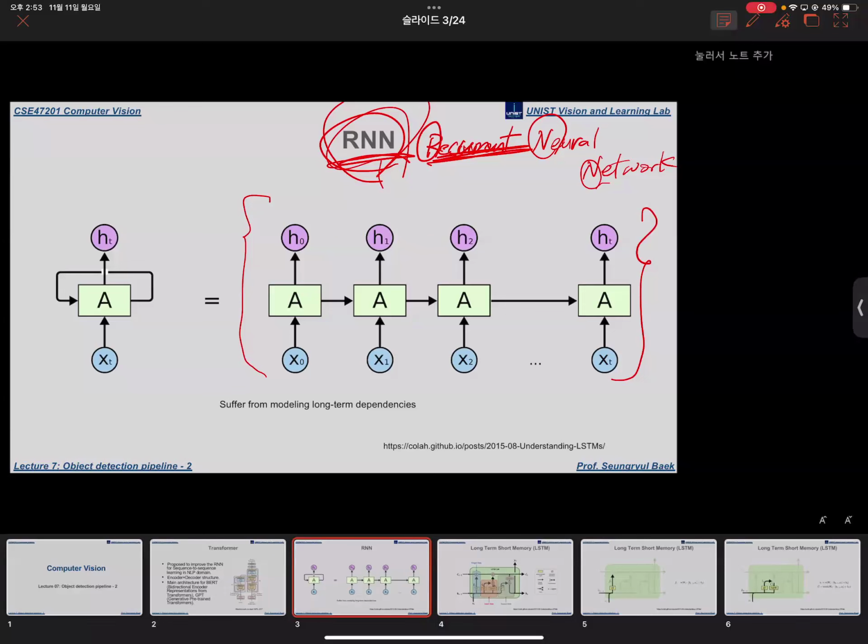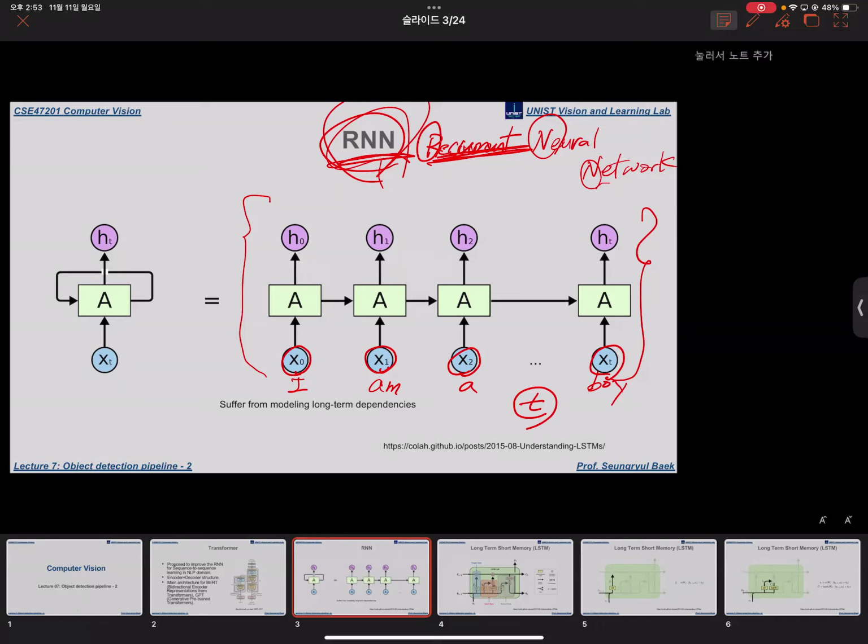Okay, so this is the input having time step t. This could be some word sequence like I am a boy, right? So this is not fit to the image domain.